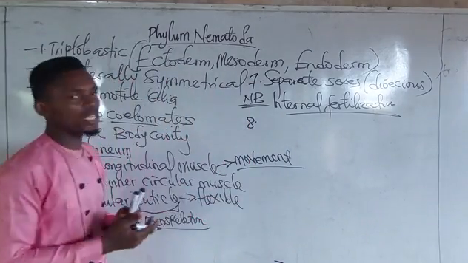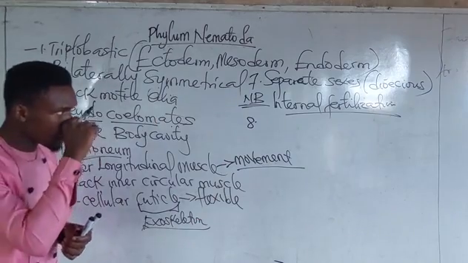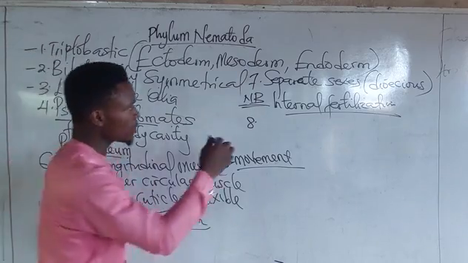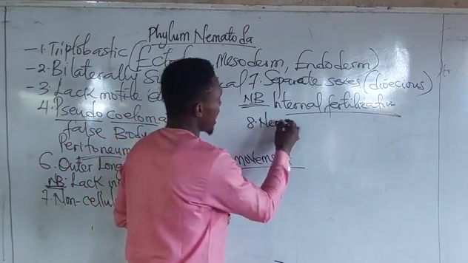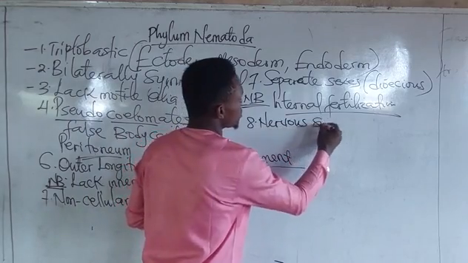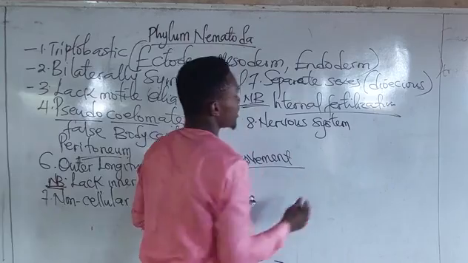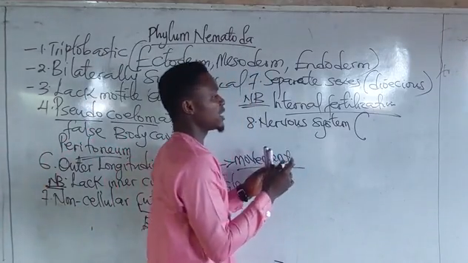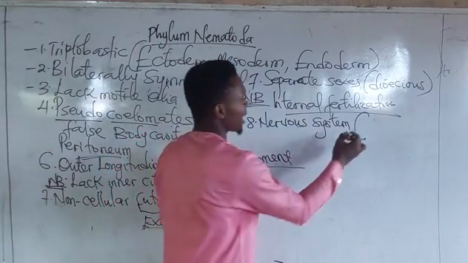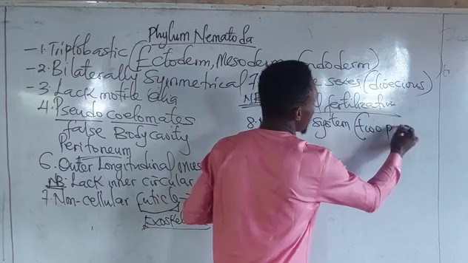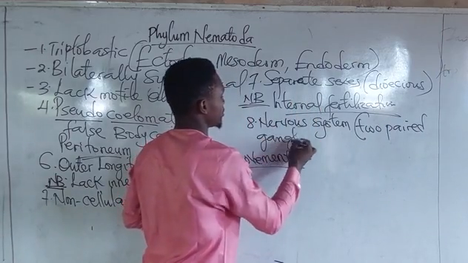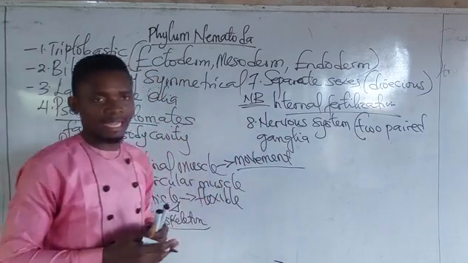Number 8. What do you think number 8 is? Okay, look at it here. They have a nervous system. The type of nervous system they have is two-paired ganglia.